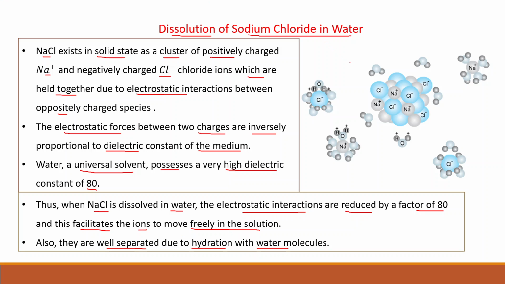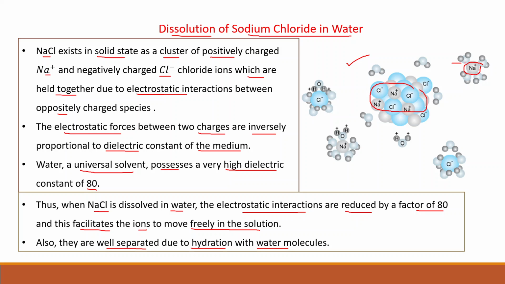Let us try to understand with the help of this diagram. This is a cluster of NaCl. Oppositely charged ions are held together. When we dissolve this in water, Na+ and Cl- separate, that is, dissociate. And this Na+ is hydrated. Water is a polar molecule, in which oxygen has a partial negative charge and hydrogen has a partial positive charge.